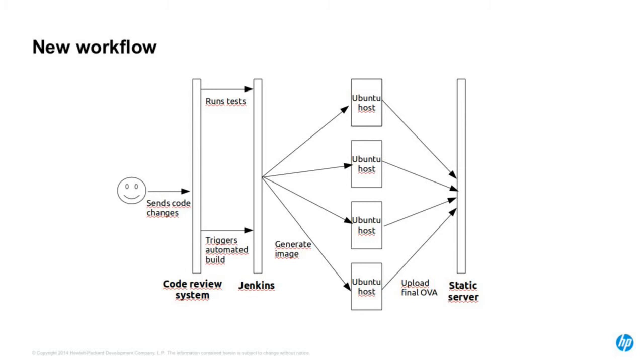Also, relying on Ubuntu hosts makes it easier for us to use tools like Nodepool, where you can just attach some trusty nodes that you don't need to configure. You just need to spin up the process there, and the image will be generated very fast, and then it will be uploaded to the static server as well. It allowed us to improve this process a lot, really.